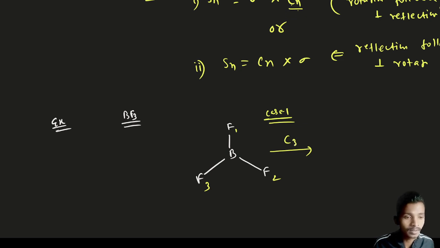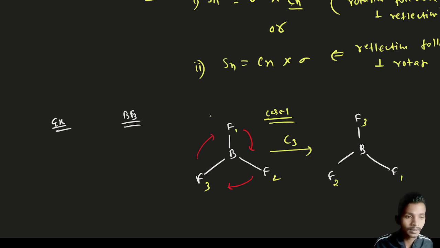So here the principal axis is C3. First the rotation: this will go here, this will go here, this will go here. So this becomes B with F, F, F, where F1 goes here, and F2 and F3 come here. After the rotation, now I apply the perpendicular reflection.